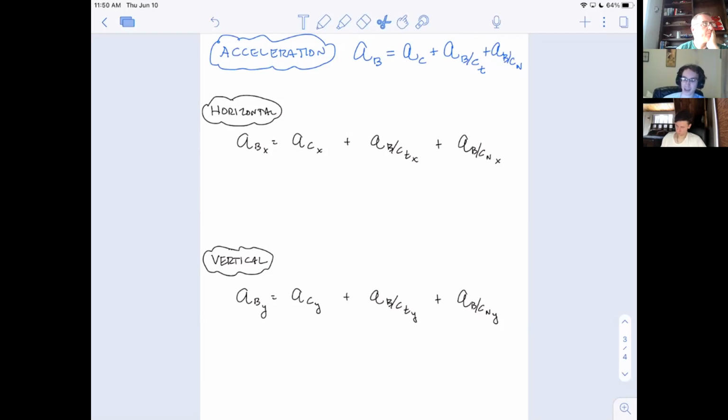Then instead of keeping it as a vector, I'm inclined to just make it I and J components. Sure. And then the I components are one equation, and the J components are the other equation. I just hate typing this, actually. I 100% understand and agree with what you're saying.